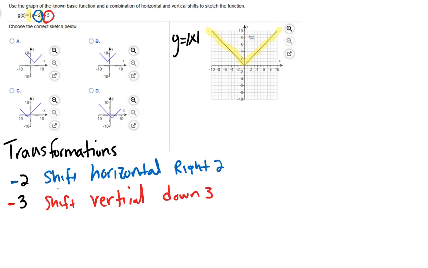So we start off with our basic graph, the y equals absolute value of x. That is the V-shaped graph.